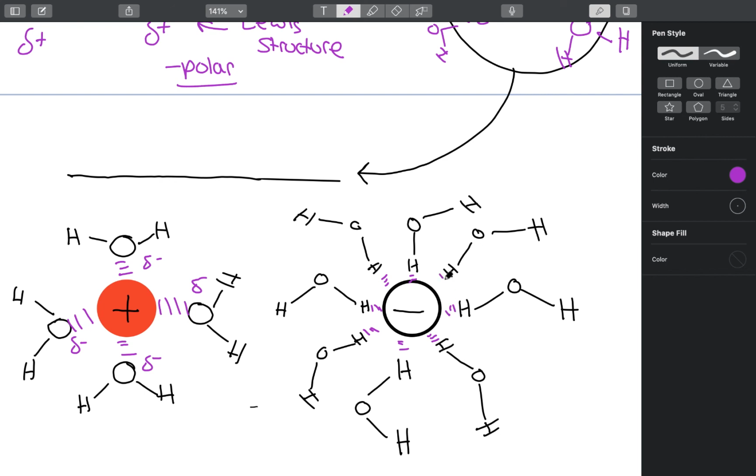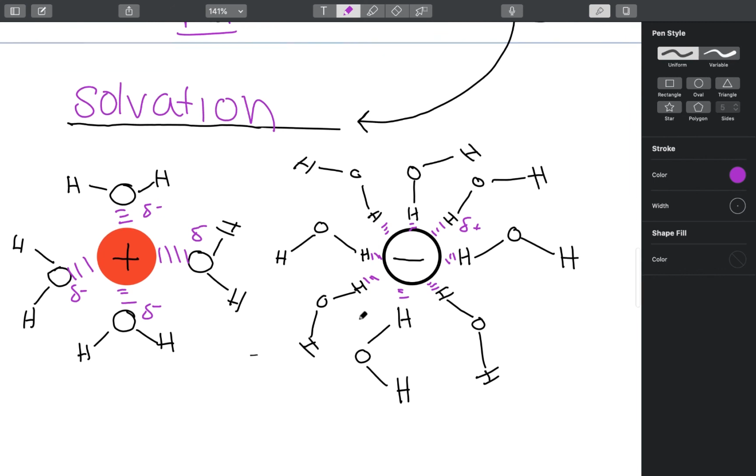I'm only going to write partial positive on one of them. And note that this process is called solvation. Solvation is the process of the solvent surrounding the solute, preventing it from coming back together.